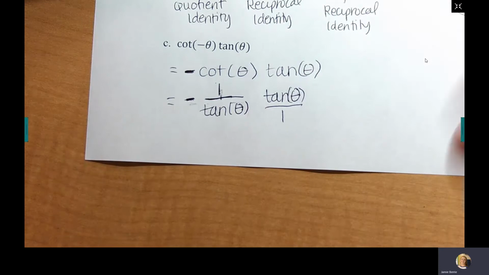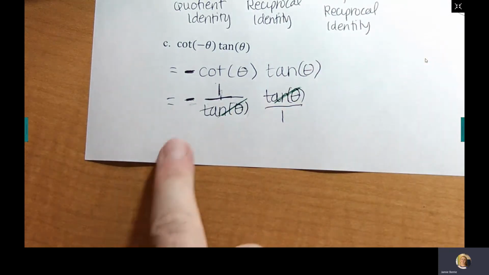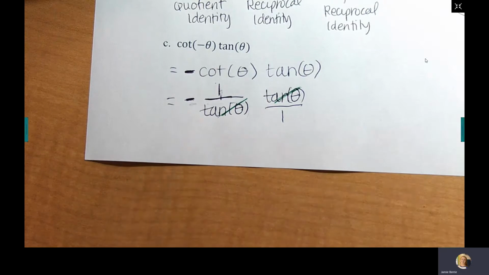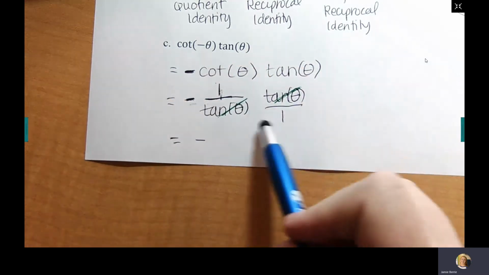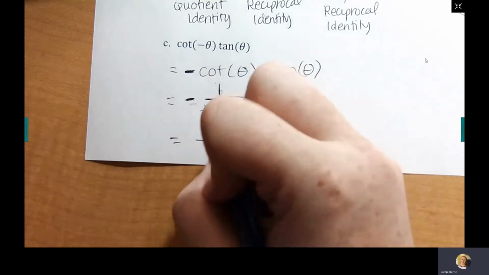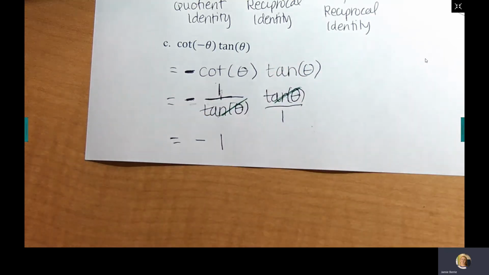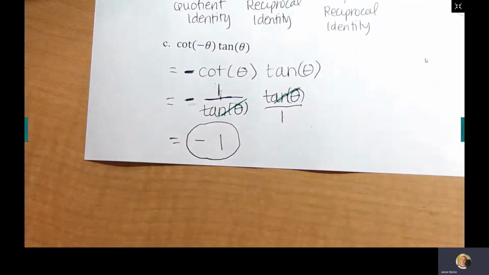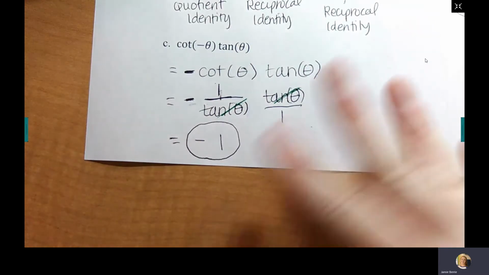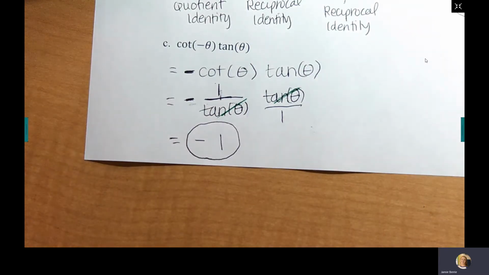So cancel those tangents. You're left with, don't forget your negative out here, negative 1 in the top, 1 in the bottom. So 1 over 1 is just 1. It definitely can't get any more simple than that. So once you get to something like a number, then you know you're definitely done.